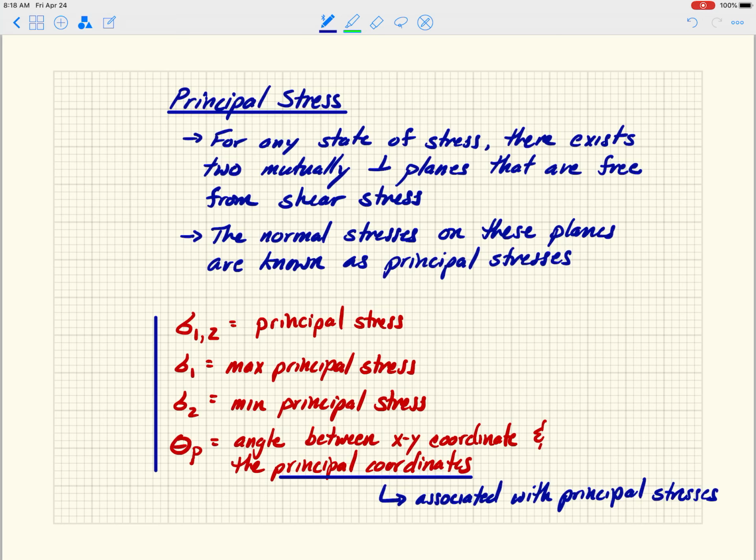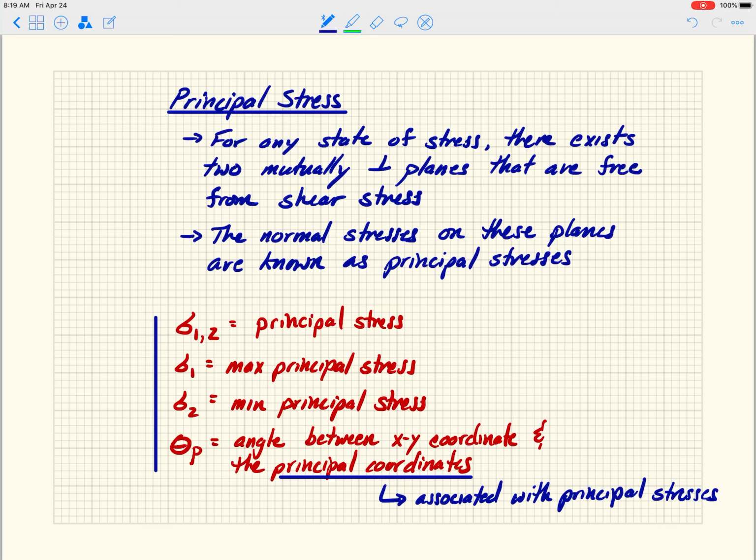And then theta p is the angle between the current xy coordinate, wherever the xy coordinate was given for the particular problem, and the coordinates associated with the principal stresses. So if I start with an XY coordinate and have to rotate it 12.5 degrees for the normal stresses to become principal stresses, the definition there is that the shear stress vanishes.